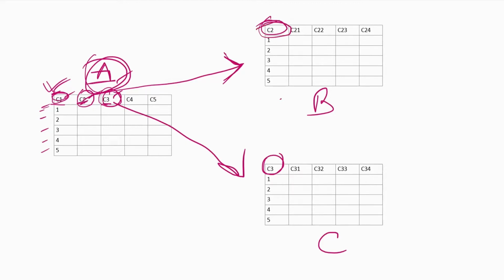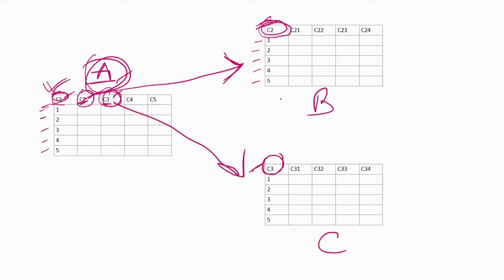Also, within this table, now C2 will not contain any duplicate value and all the values will be absolutely unique without any null value, and same goes for C3 as well. So we have some idea on primary key and foreign key.